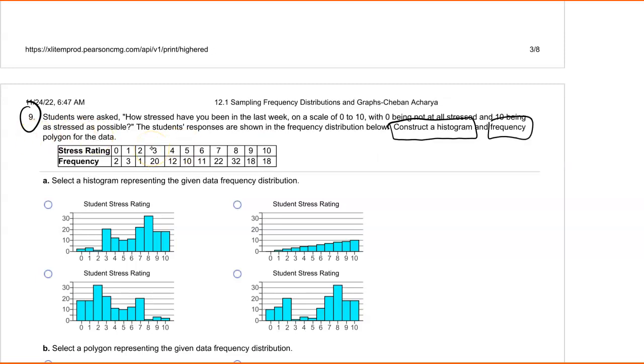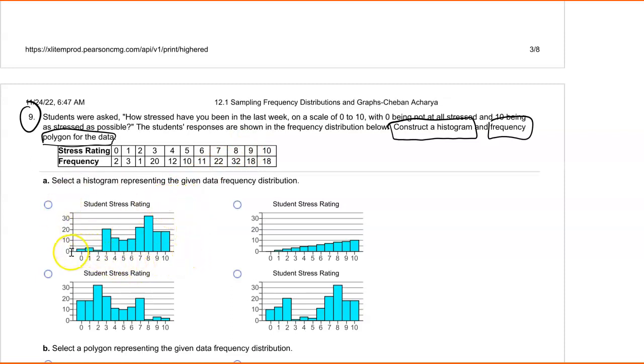I'm going to show you what the histogram is going to be. Histogram is a bar graph. Here you see the graph of this data set. You can represent this data set also as a graph, which is called a histogram.